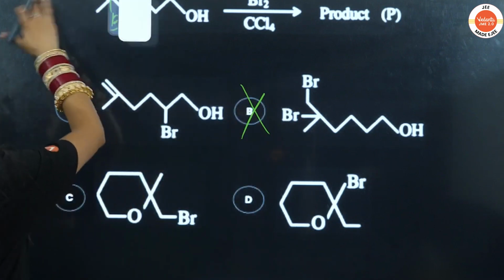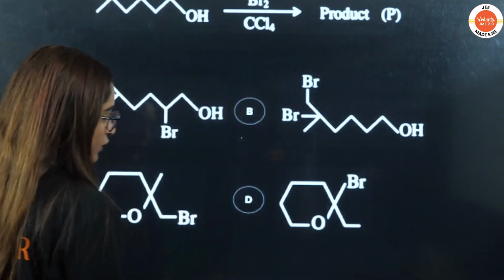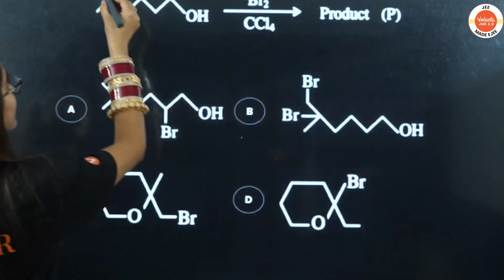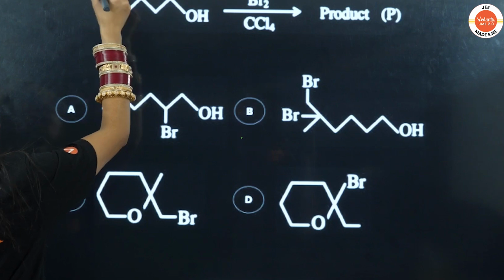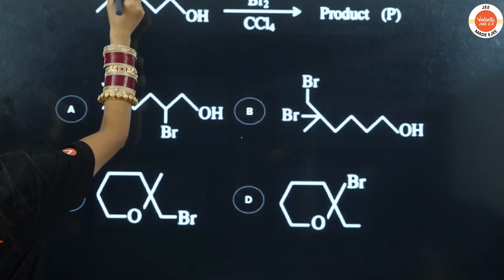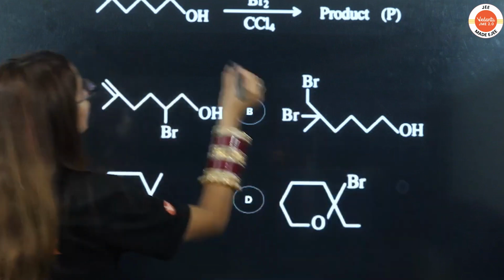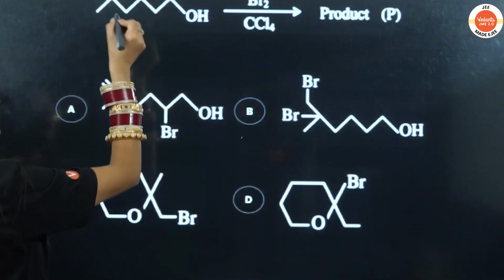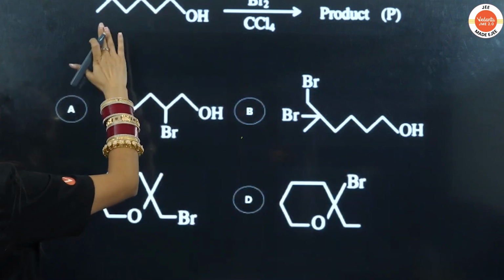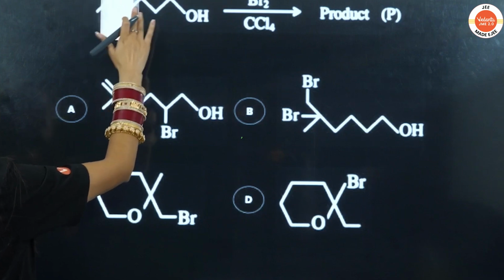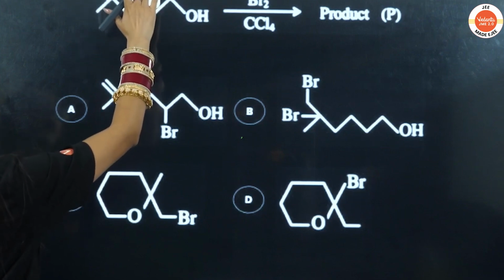In reality, what will happen here? Let us discuss that. The pi bond will break here and here you will have Br and here you will have Br. This is positive, right? Now the electrons will jump here. This Br will be as it is.